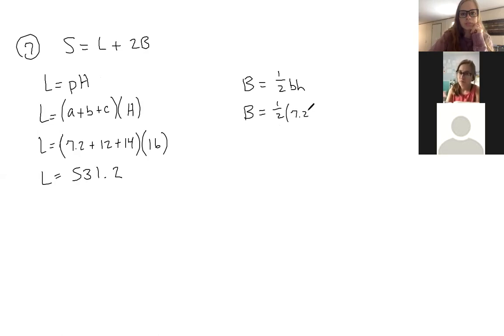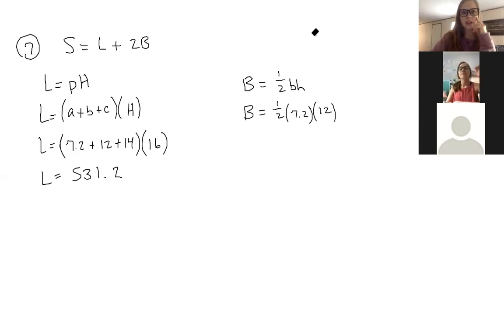What is the height, Brinley? 12. Yes. Notice that top base in your picture. It's got a right angle down in the bottom corner, which means if it's a right triangle, you have your height right here, and your base here.